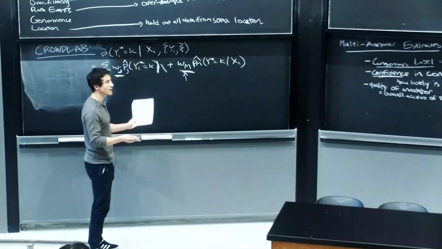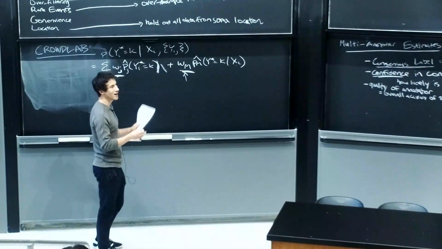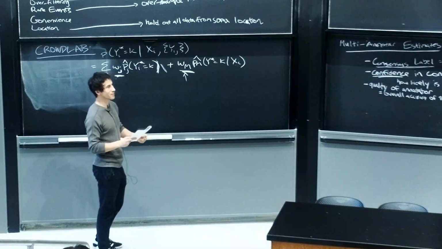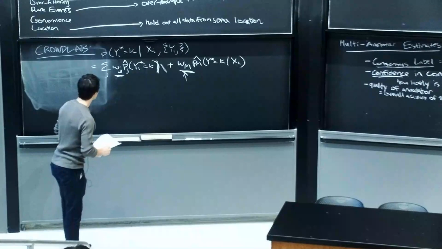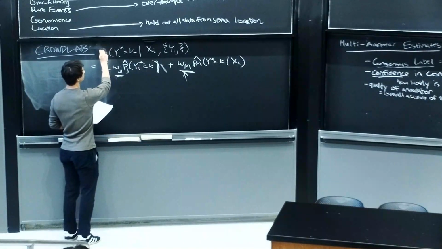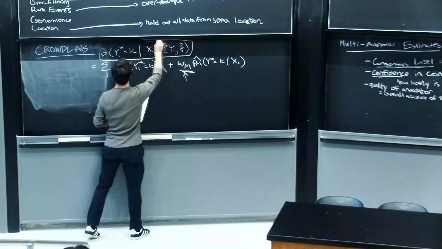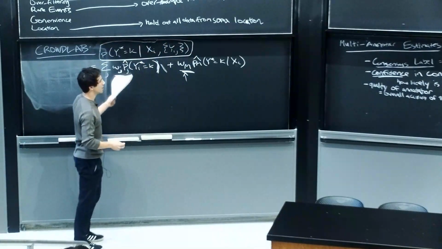So even if you had really, really bad annotators to begin with, but you had 100 of them look at each image, and then you took majority vote labels and trained your classifier, it might actually be a lot more accurate than any one of these annotators. And so the idea of the CrowdLab method is you will form this probability estimate of what the true class is for each example.